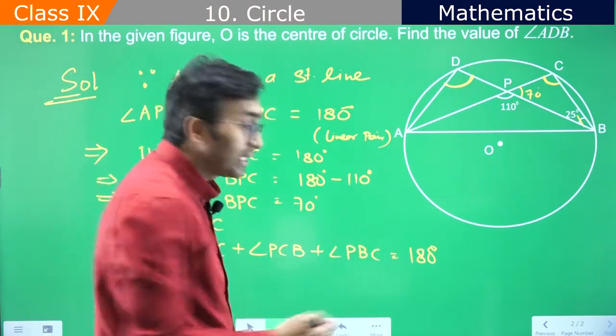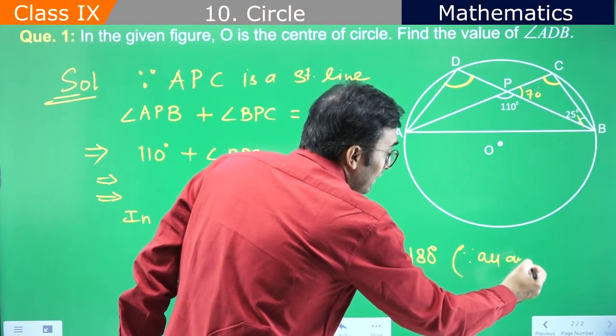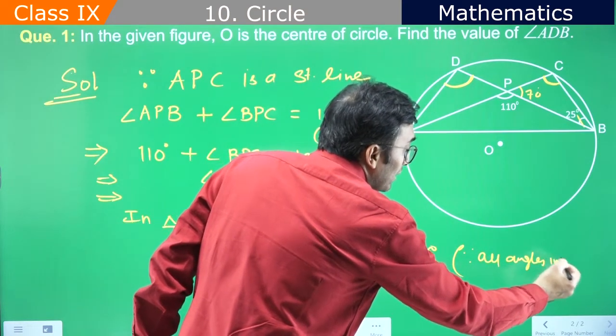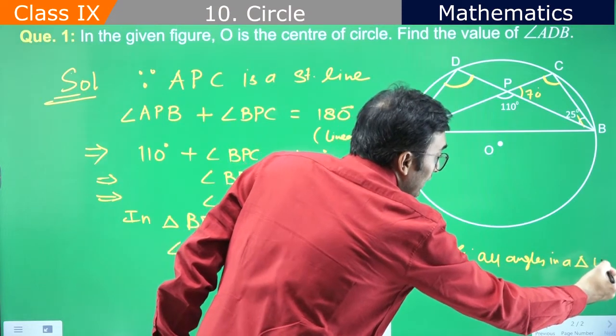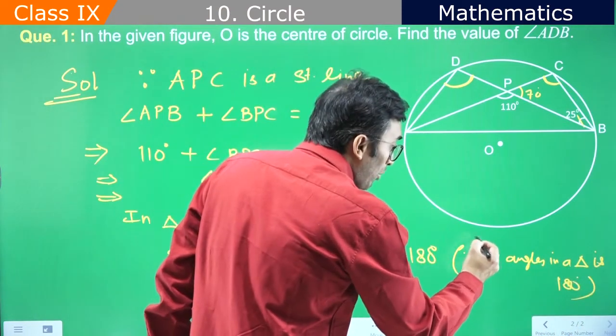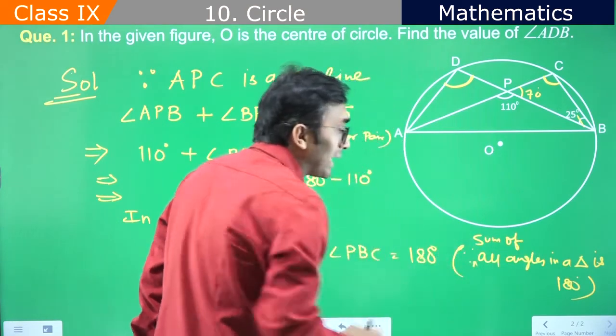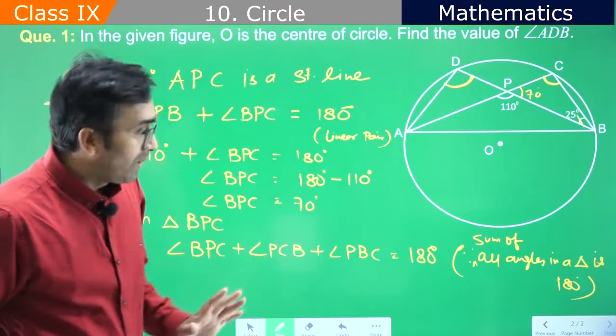Why 180 degree? We can write, since the sum of all angles of a triangle is 180 degree.